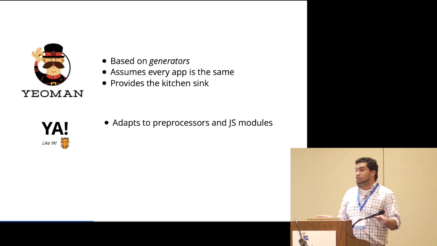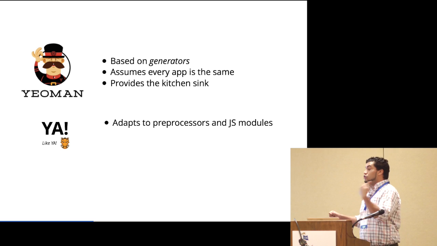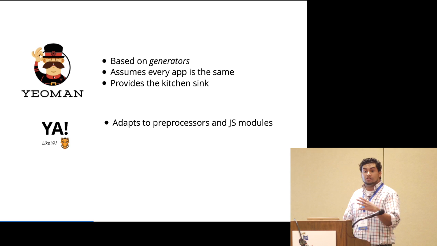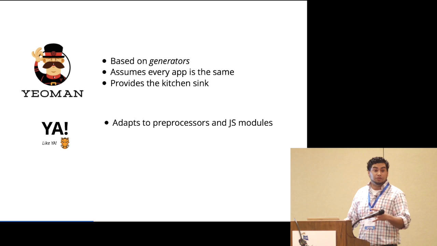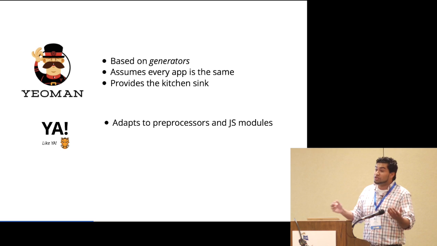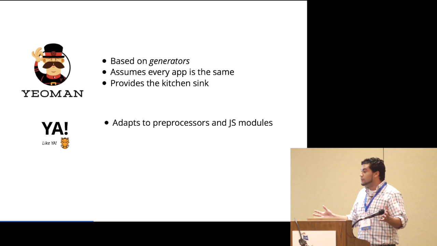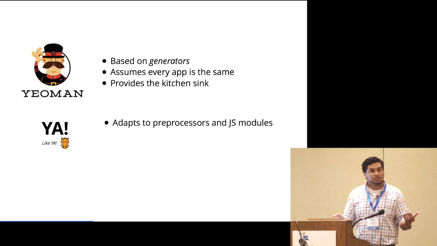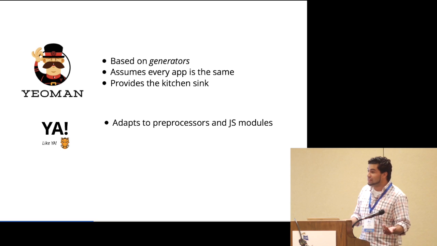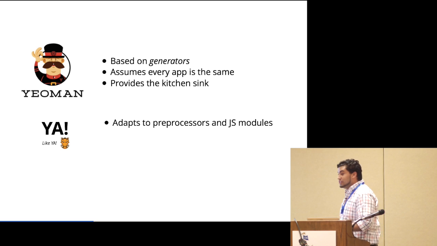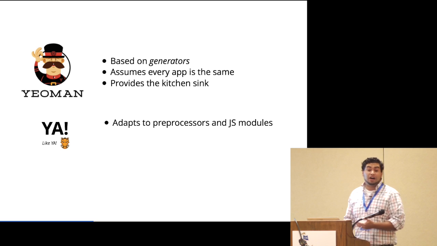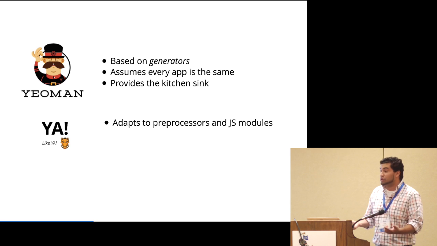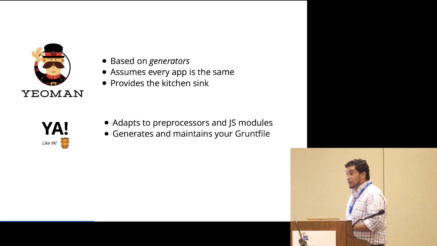Adapt to all the preprocessors that you're using and lazily install and configure Grunt based on what you're doing. If you're using Sass, or if you're using Less, or if you're using Stylus, figure that out at runtime. In addition, you're writing JS, you're using a particular module syntax. Figure out what that module syntax is, and then figure out how to configure require.js or Browserify. I'll talk more specifically about that. It's pretty cool.